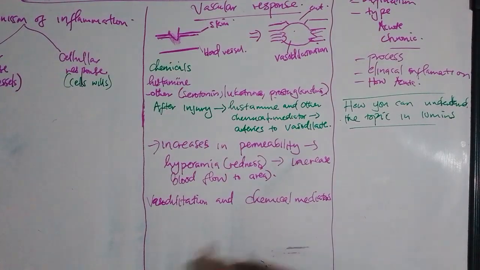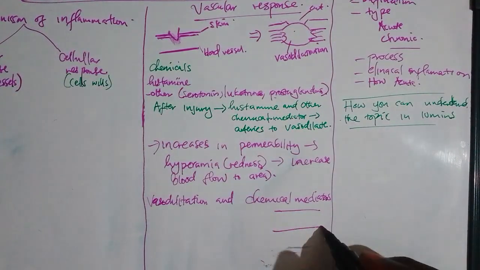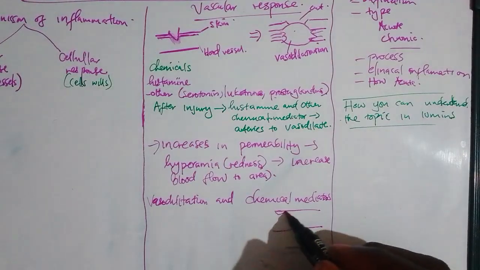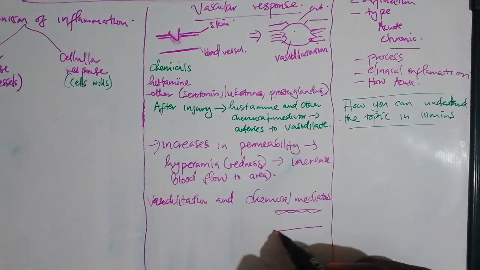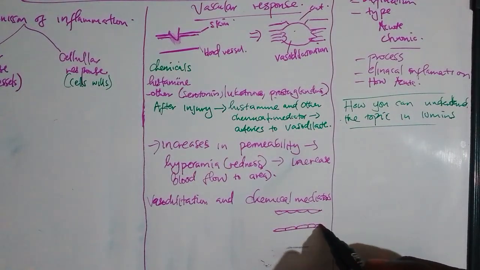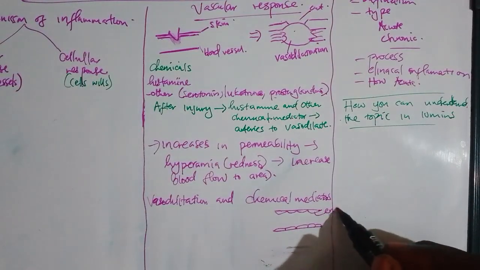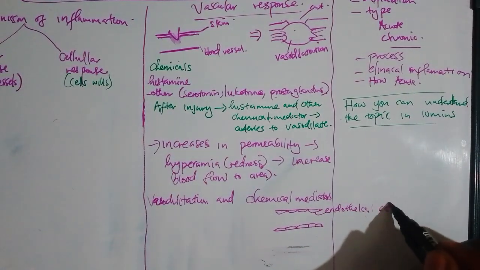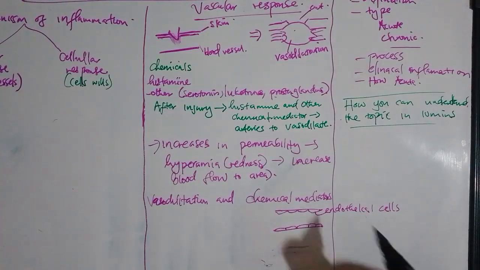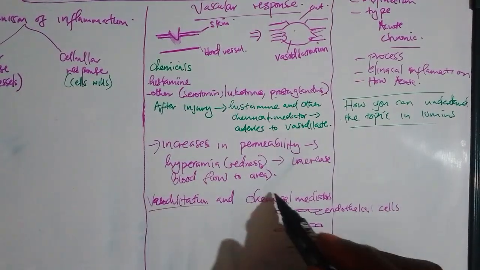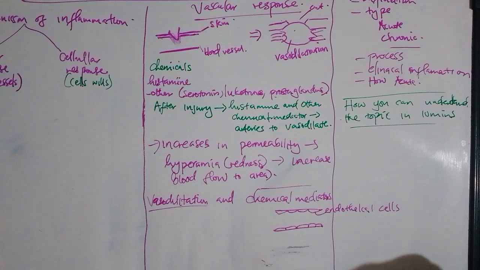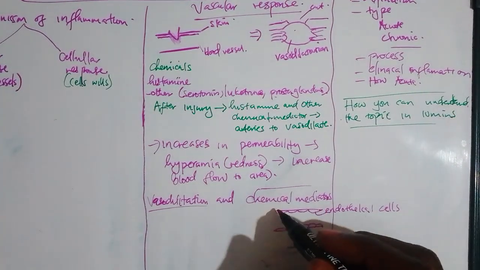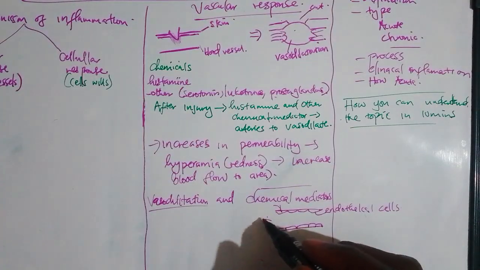So this is a blood vessel, and we know that all blood vessels are lined by cells which are known as endothelial cells. Once histamine is released and the blood vessel becomes vasodilated, these endothelial cells will retract.